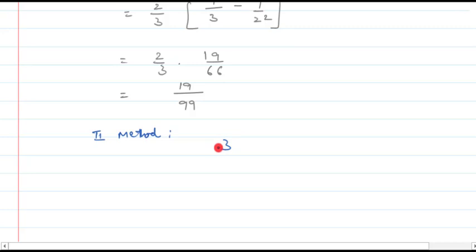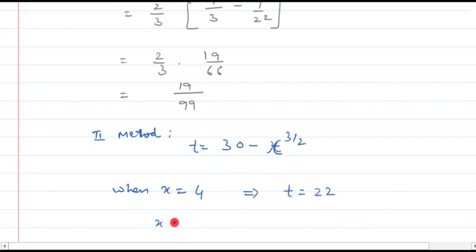As we have substituted, t is equal to 30 minus x power 3 upon 2. So when x is equal to 4, substituting this value of x over here, we are getting t is equal to 22, and when x is equal to 9, the upper limit, putting 9 over here, we are getting t equal to 3.